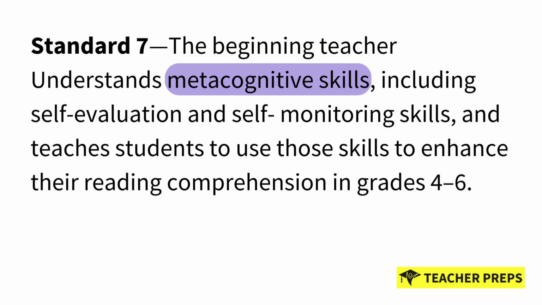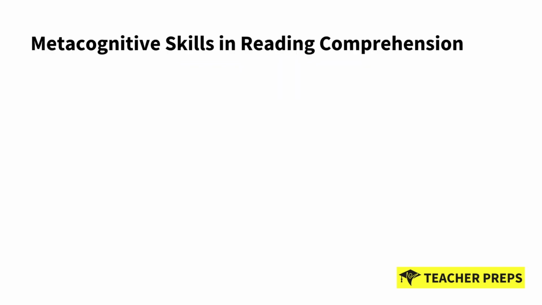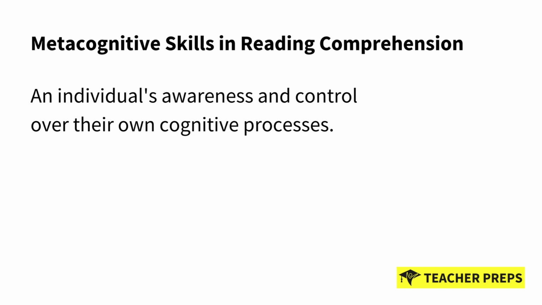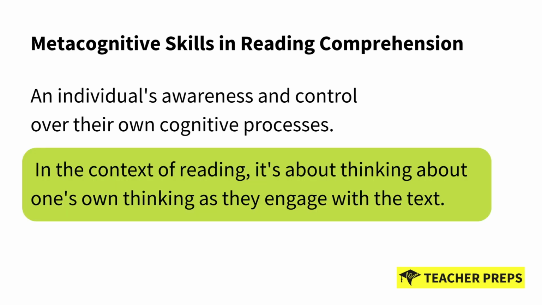It may have been some time, so let's start with a definition. Metacognitive skills in reading comprehension refer to an individual's awareness and control over their own cognitive processes. In the context of reading, it's all about thinking about one's own thinking as they engage with the text.